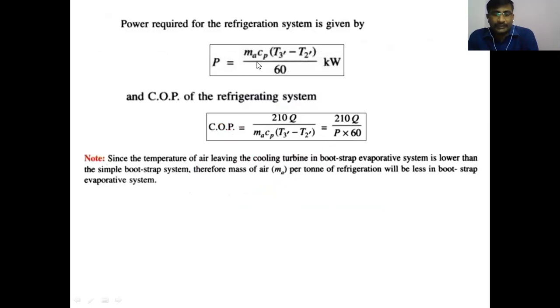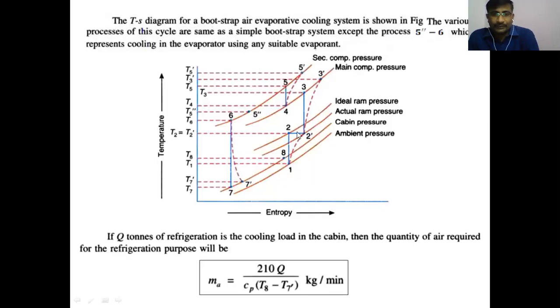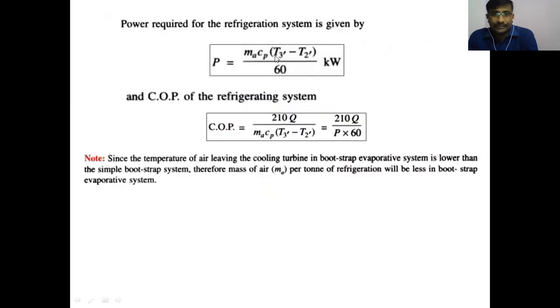And the power required is where we give the power, during the process 2 to 3. MA into Cp into (T3 minus T2) is the work required in kilojoules per minute, divided by 60, which is then converted into kilowatts. Therefore, power is in kilowatts. This is the formula to calculate the power required for the refrigeration system.